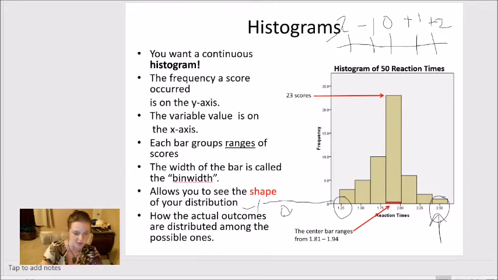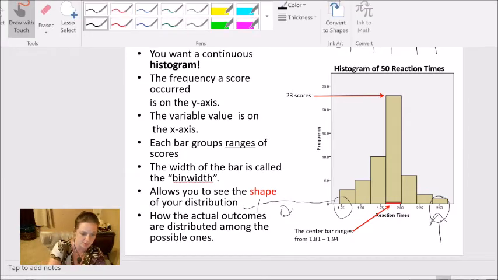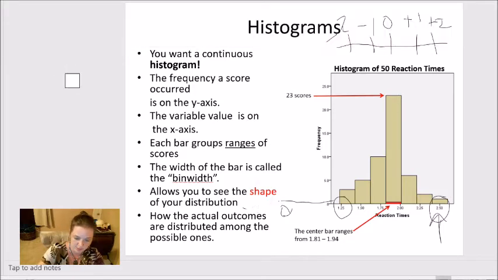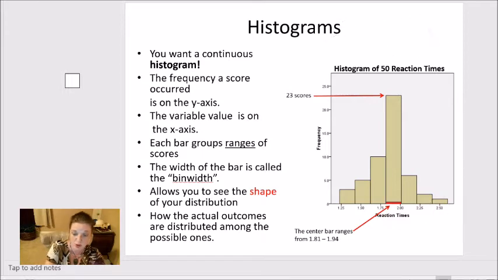And what a histogram does, a histogram starts with a number line along the x-axis that corresponds to the range of your quantitative variable, whatever it is. Now, our quantitative variable of reaction times ranged, I think, from 1.21 all the way up to like 2.6 seconds.